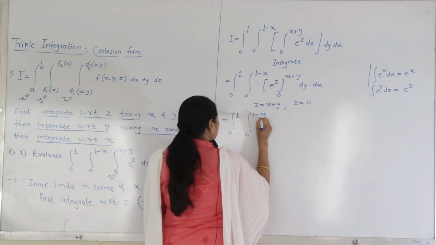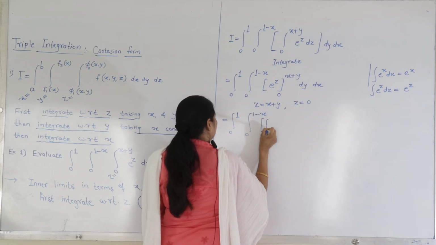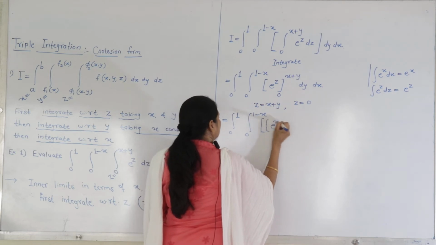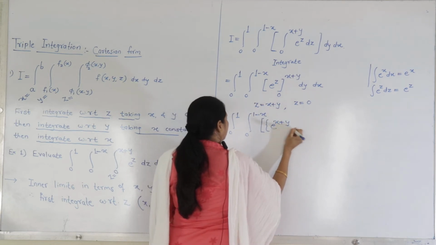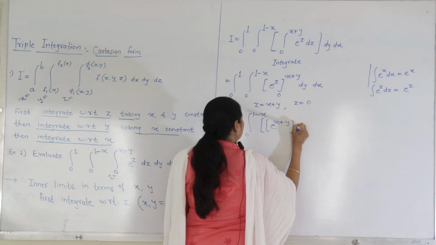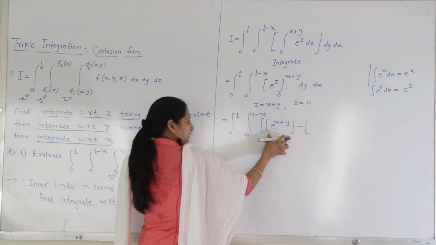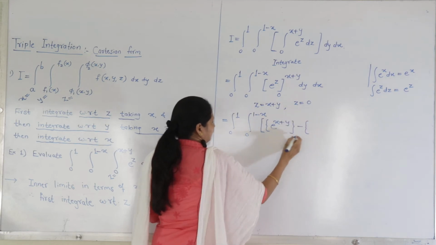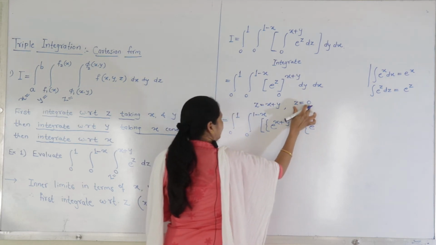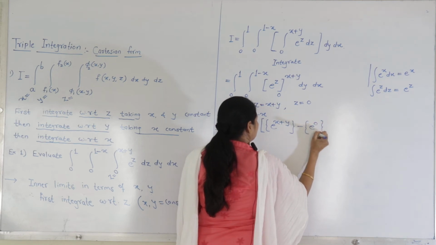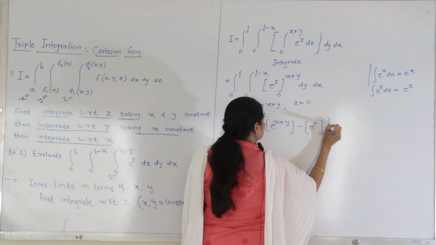First, upper limit e raised to z, but z is x plus y, then e raised to x plus y. This is upper limit minus lower limit. For upper limit one bracket and then minus lower limit e raised to z, but lower limit z is equal to 0, e raised to 0, dy dx.